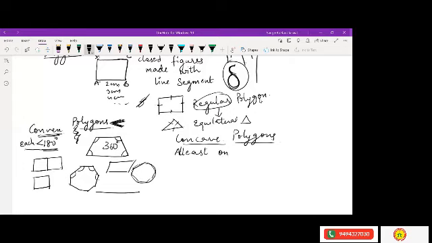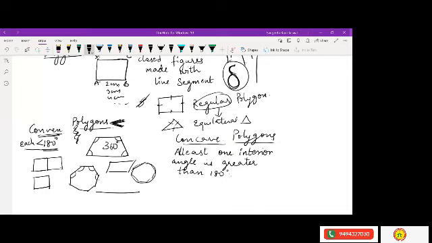I'll show you with examples also. Please note down: at least one interior angle is greater than 180 degrees. Greater than 180 degrees means reflex angle.